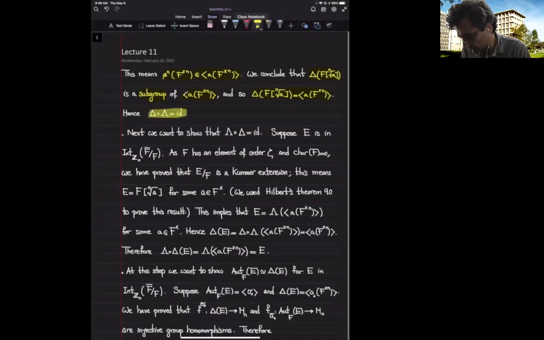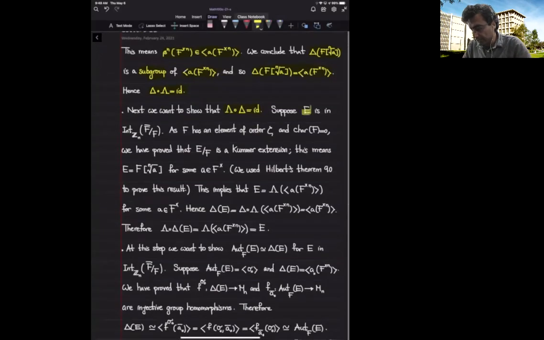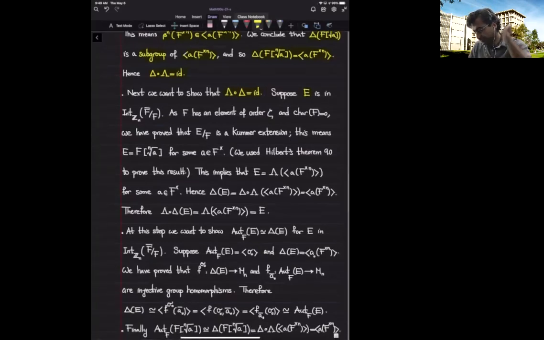Okay, so next we want to show that lambda O delta is also identity. What does that mean? I'll start with some intermediate subfield, which is Galois over F, and the group of automorphisms is cyclic, and it can be embedded into Z sub n, the cyclic group of order n. Now, one of the crucial results is what we have already discussed when we were proving the Galois solvability criterion.